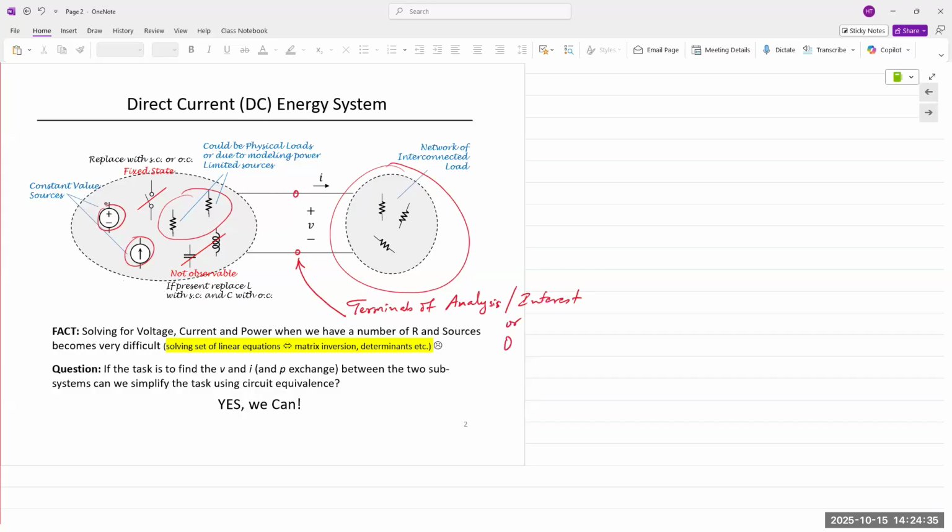Or you could also say they are output terminals. It does not matter how we refer to these terminals. We are analyzing the rest of the circuit between those two points.